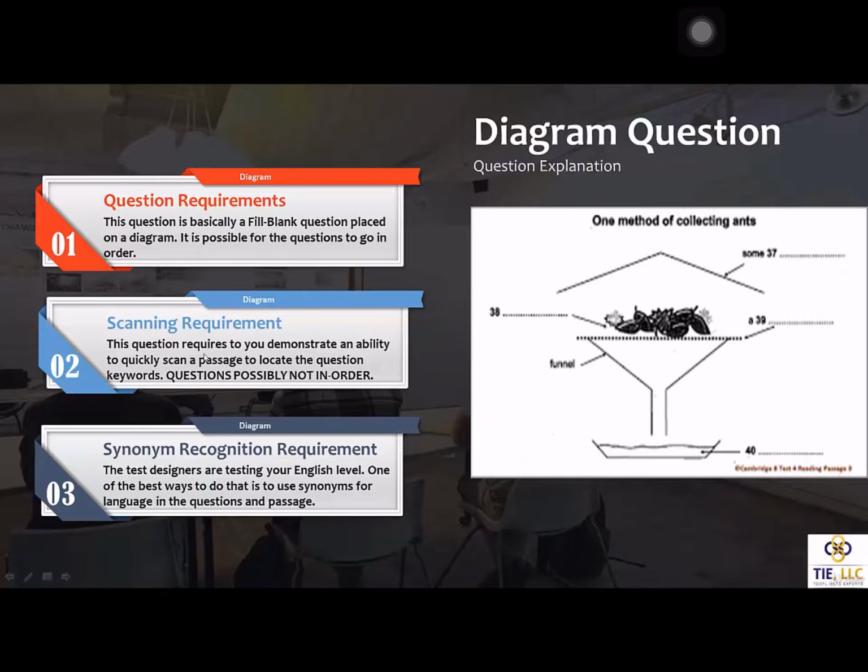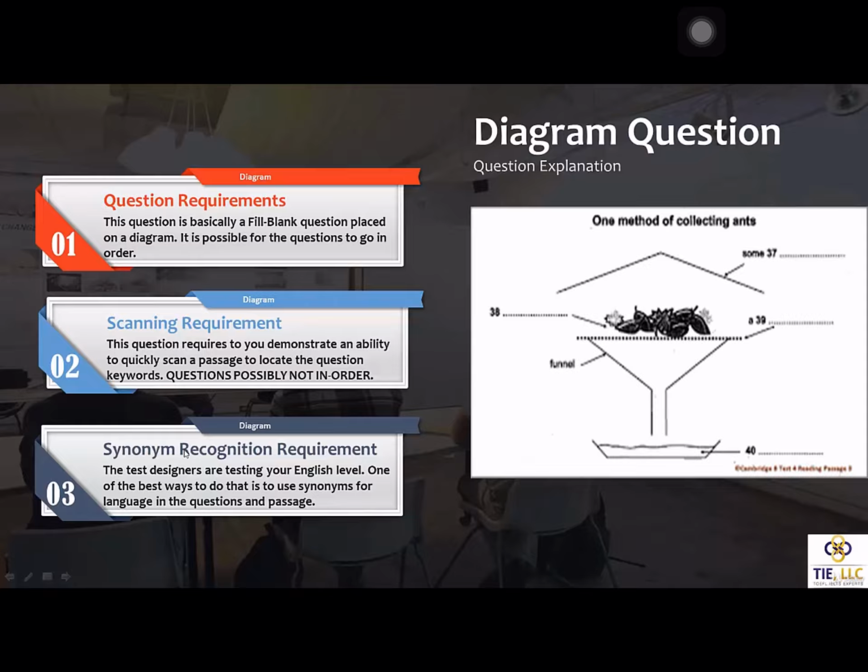Now, there is a scanning requirement, and normally for a diagram question, the scanning requirement involves your being able to find the paragraph where they are describing the diagram. There's always going to be one paragraph, possibly two, where they are describing what the diagram looks like. And then, of course, you may have to work on synonym language.